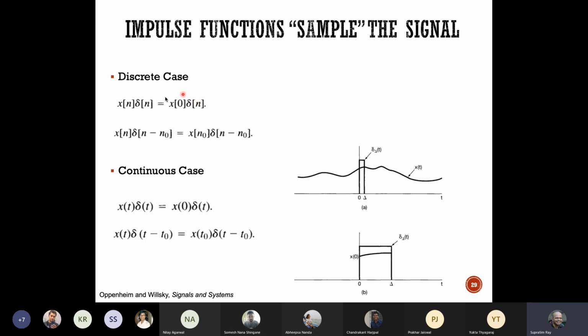So at 0, x[0] times delta[0] is just x[0], which is x[0] delta[n], because for any other value of n it is 0. So you can think of a delta function as sampling the signal, and interestingly enough, this also holds in the continuous case. I'll leave you with this.